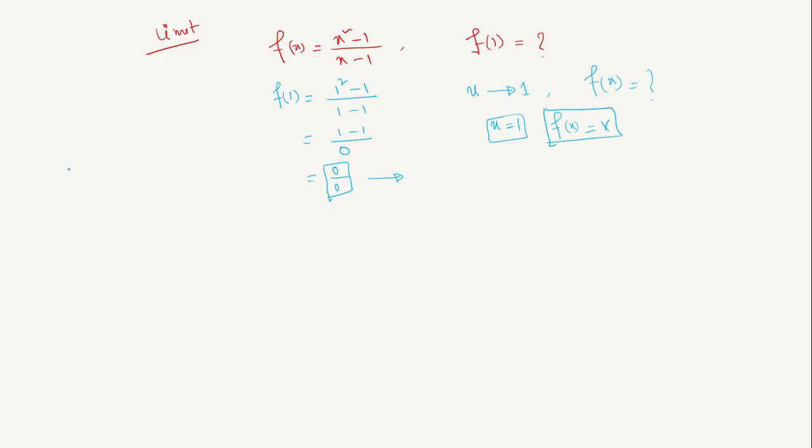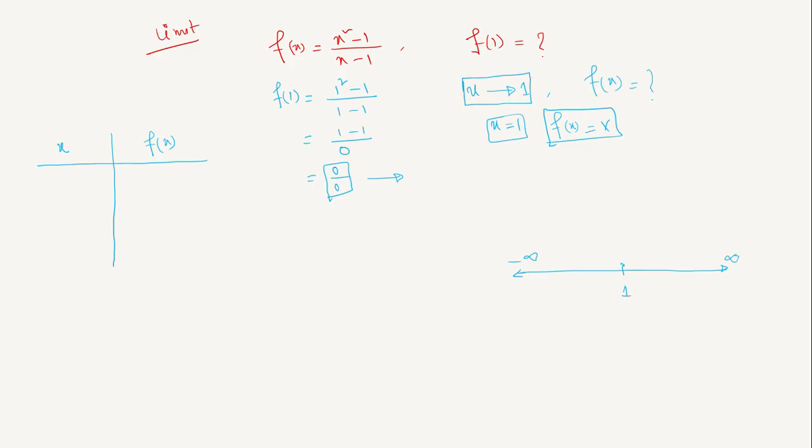How? Take a table with two columns. First one is x, and second one is f of x. We can also draw a number line with 1, and here positive infinity, and negative infinity. So x approaches 1, that means x tends to 1.